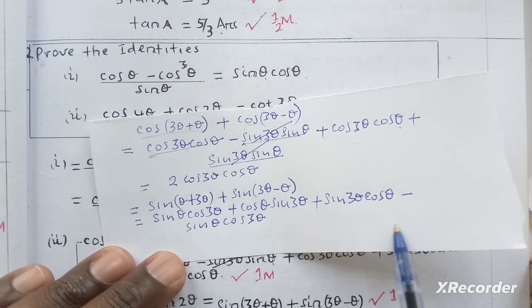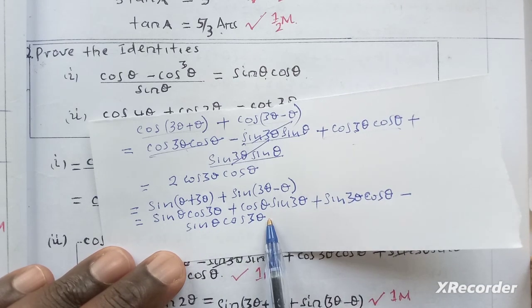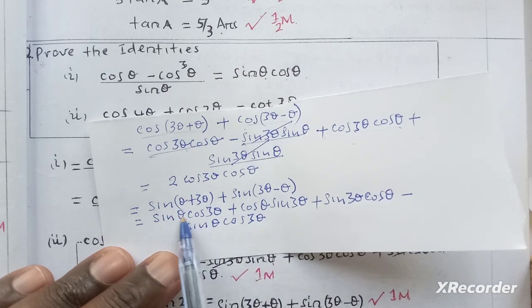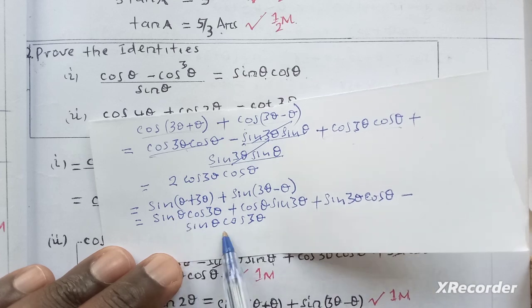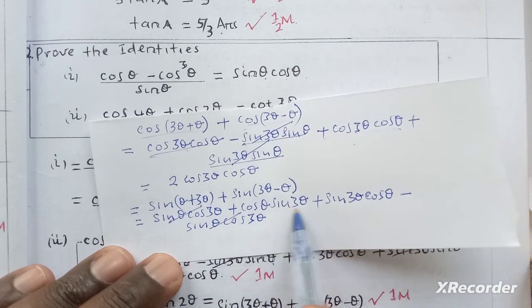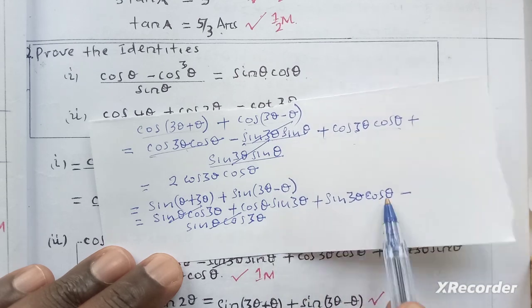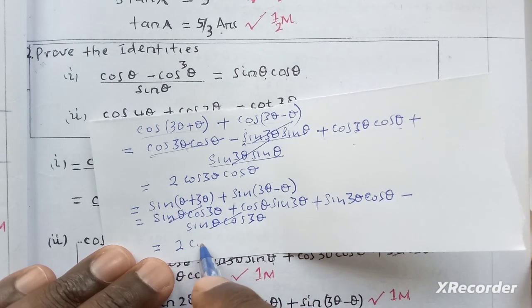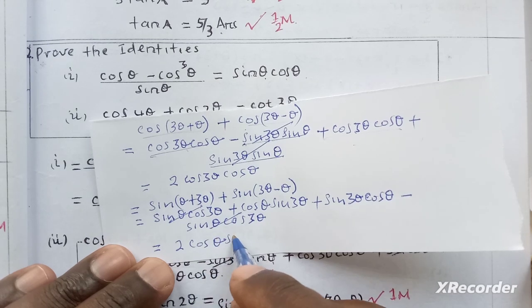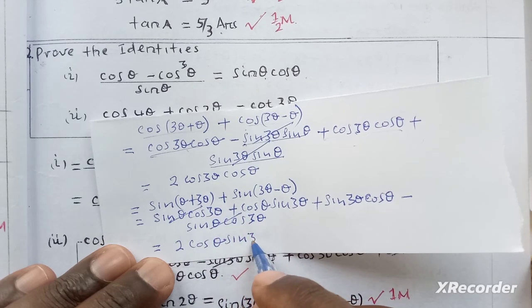From there, we can say that sine theta cos 3 theta is the same as that. So this one we can cancel because it's like saying y minus y. All these ones are now supposed to be added. So we will get 2 cos theta sine 3 theta.